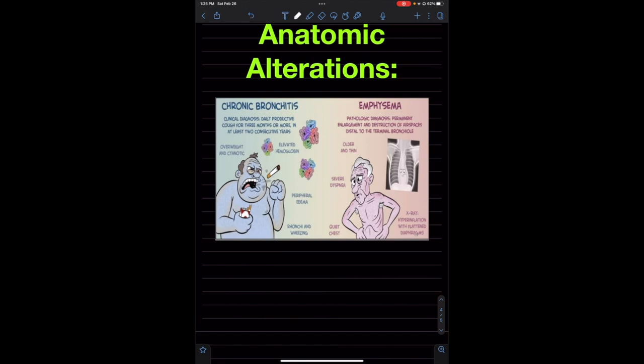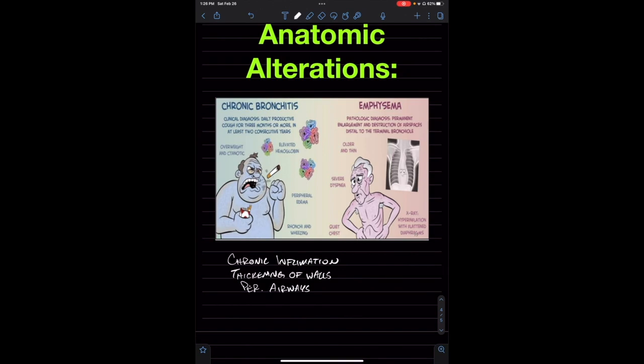So again, chronic bronchitis, looking at chronic inflammation and thickening of the walls of the peripheral airways.